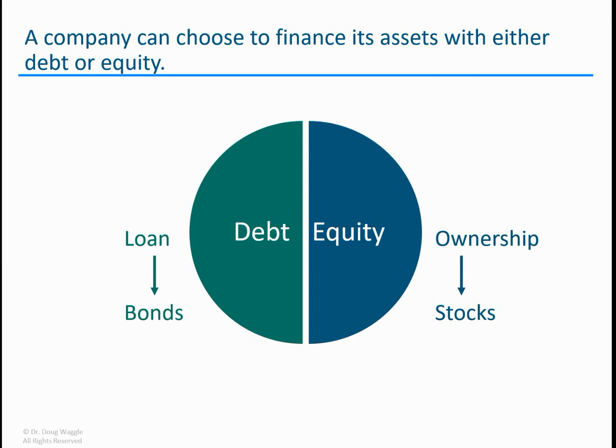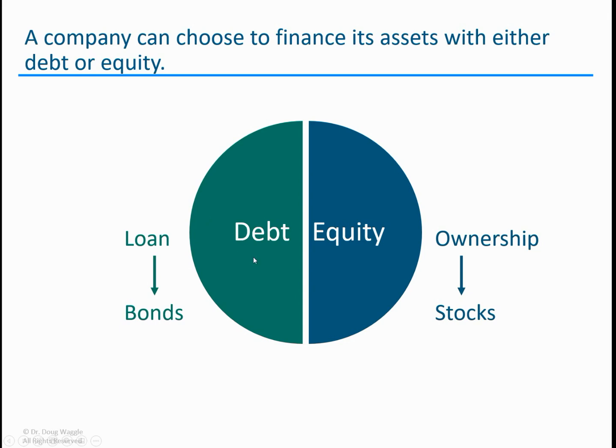If you buy a company's stock, you are a part owner of the firm. So when a company issues stock, they're taking on additional partners or owners in the firm. That's equity. So the equity financing of a company is through selling stock, and they generate more owners. They have more partners in the business.